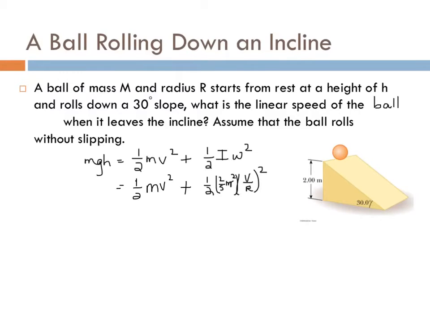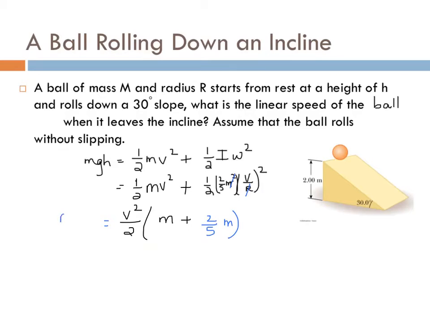So here I have a velocity that I can factor out, and I can also factor out a 1/2 from both sections, and I'm left with m plus 2/5 m. Our r's will cancel out here.